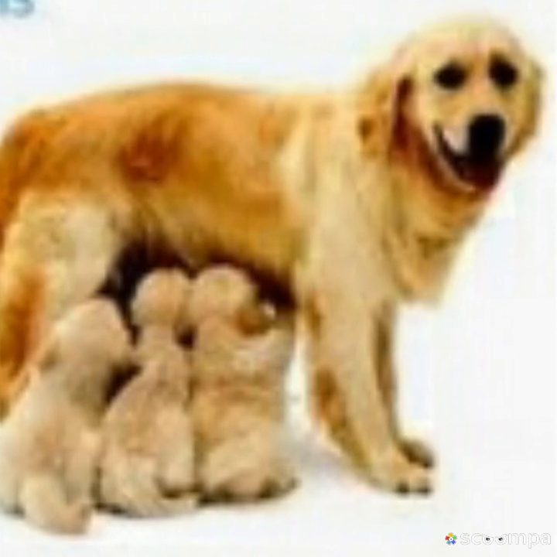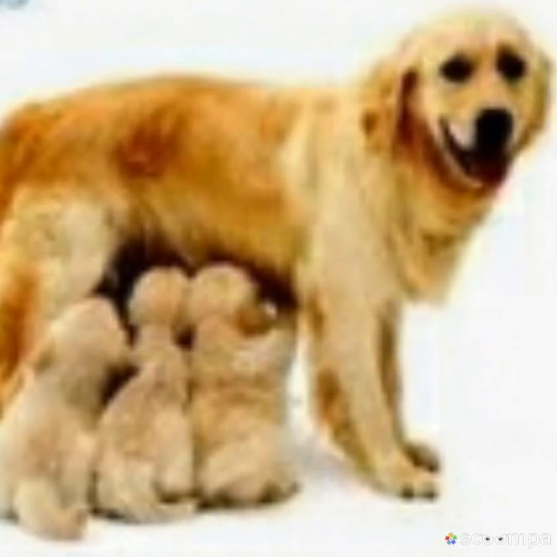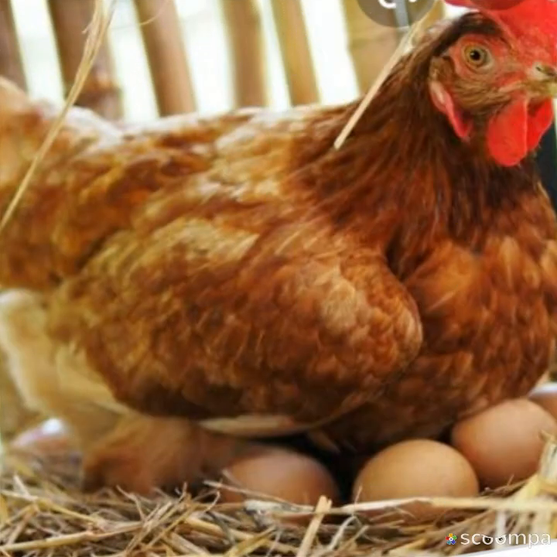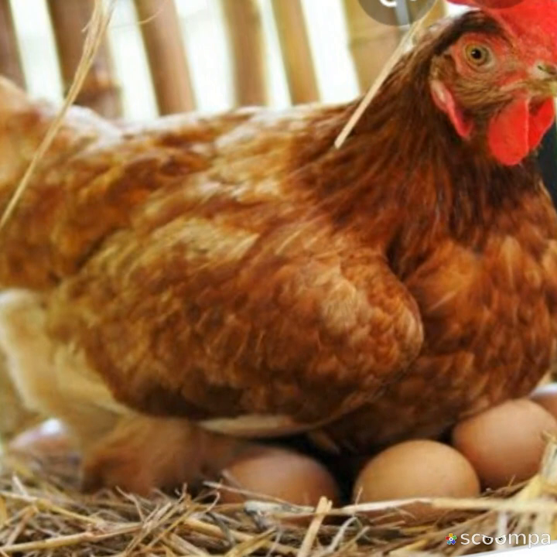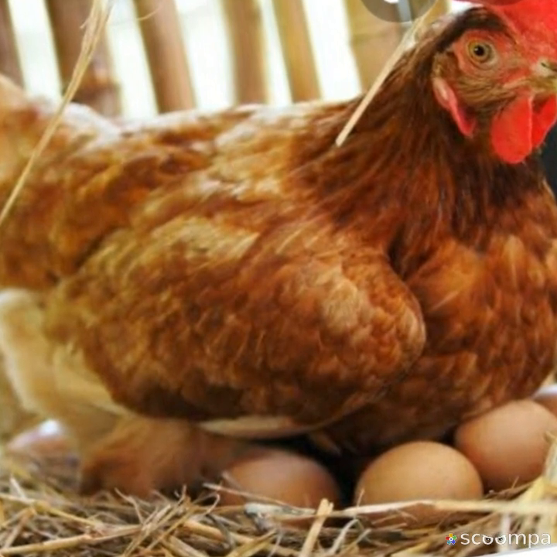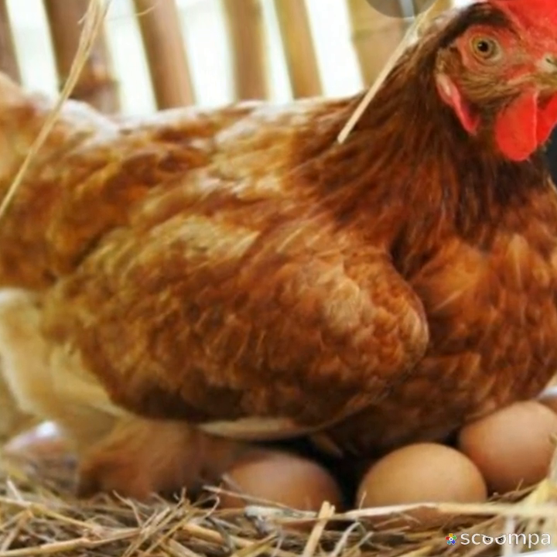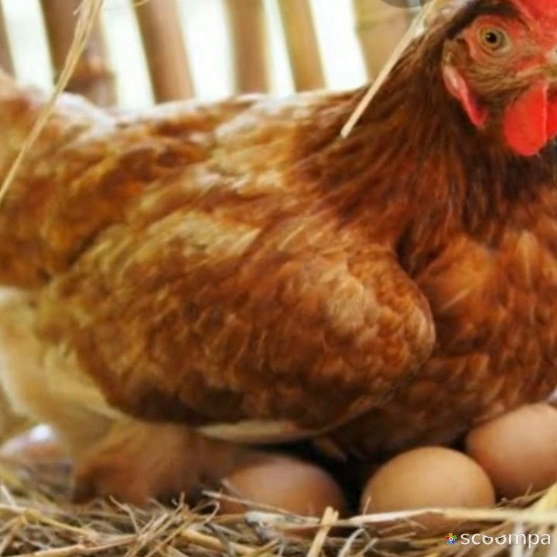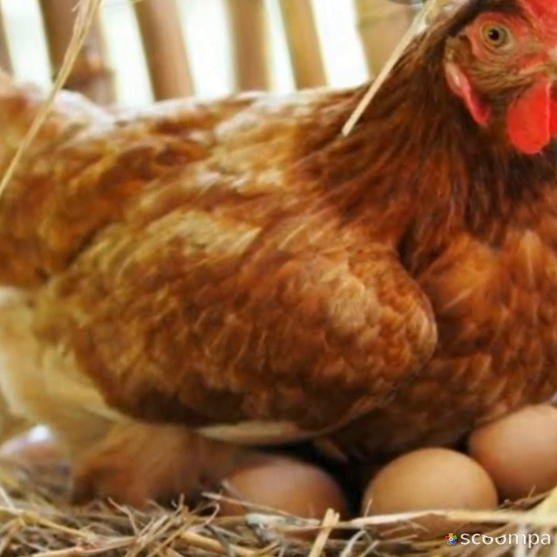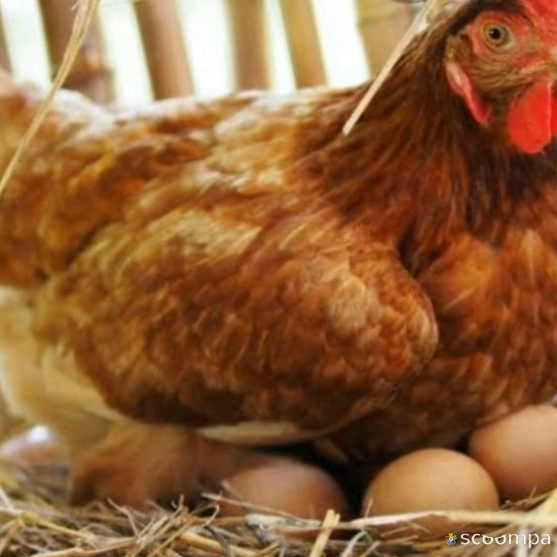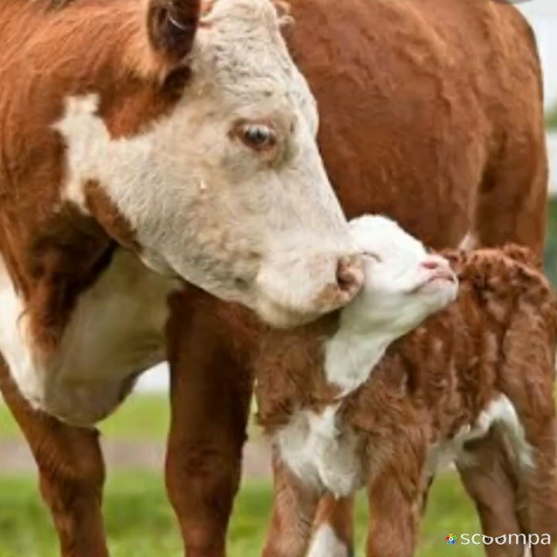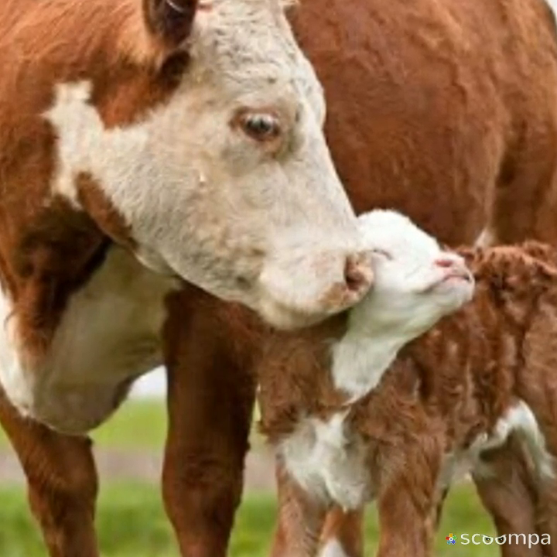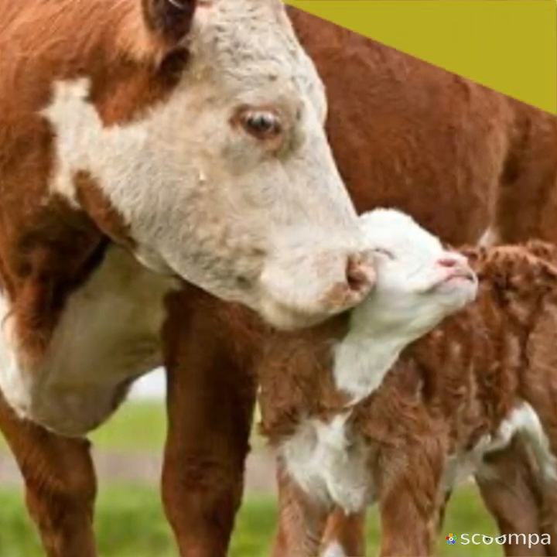Animals can produce young ones either by laying eggs or giving birth to a new animal. A hen lays eggs, while the cow gives birth to its calf. The process by which living things produce young ones is known as reproduction.